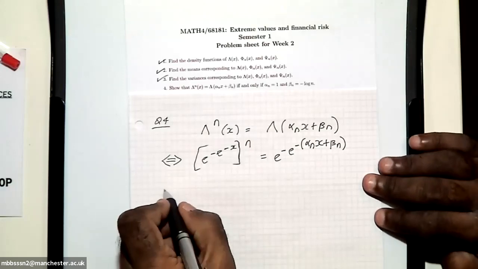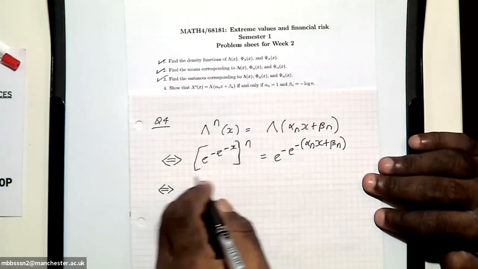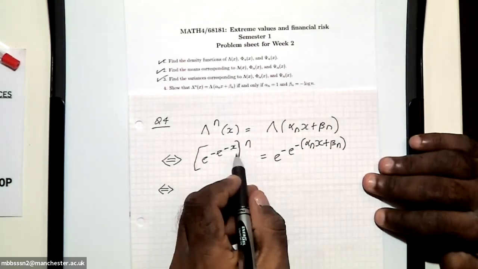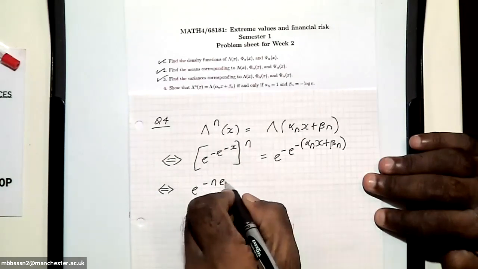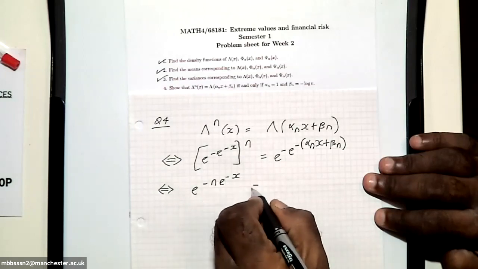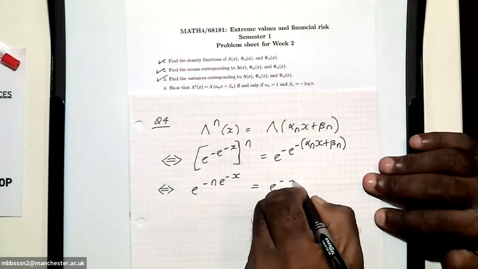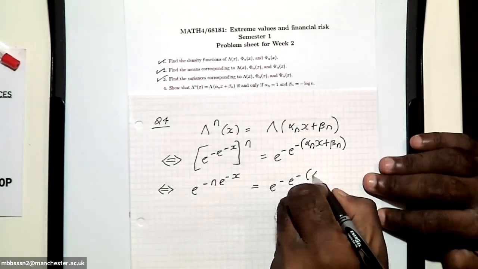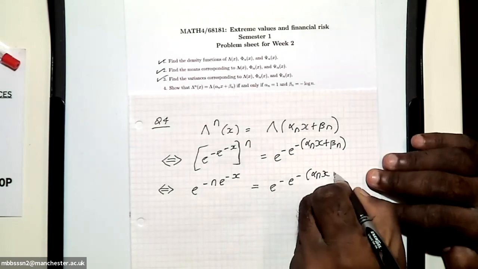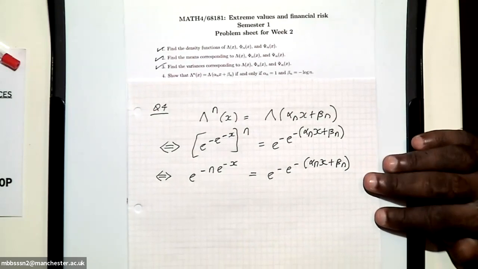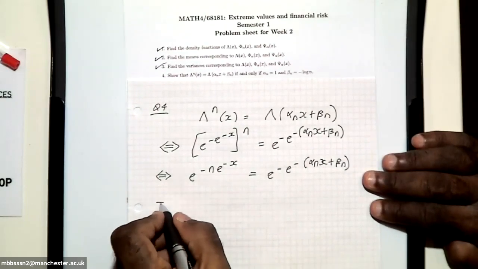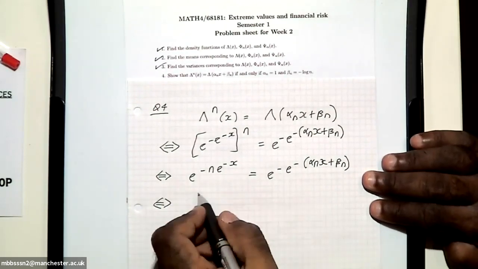Right now this, if you take the nth power of this, what would you get? You will get e minus n times, and then you should take the log of both sides.